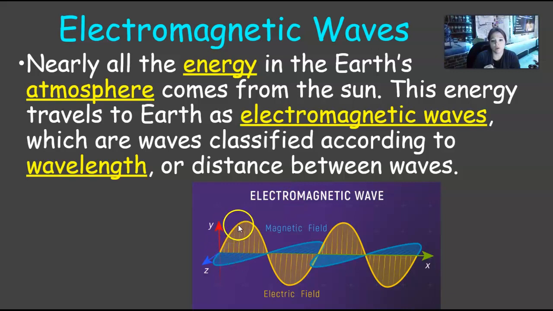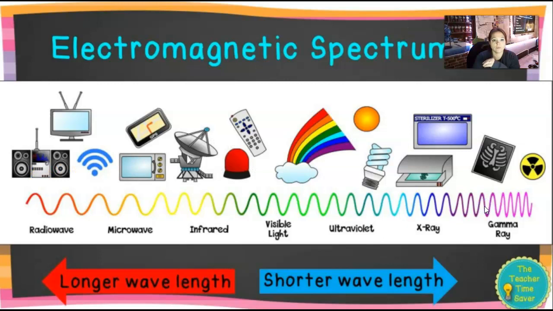So distance between the waves is like from here to here. That's the difference between the waves. But as you can see, this is an electromagnetic wave. It has the magnetic field, which is side to side, and then you have the electric field, which is up and down.